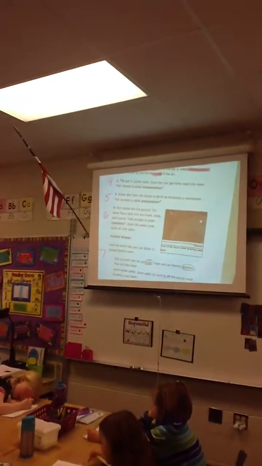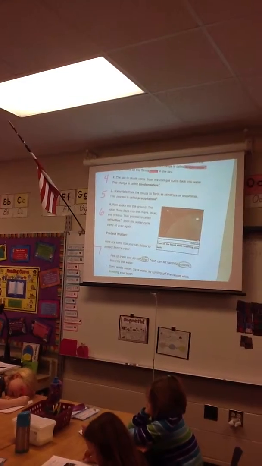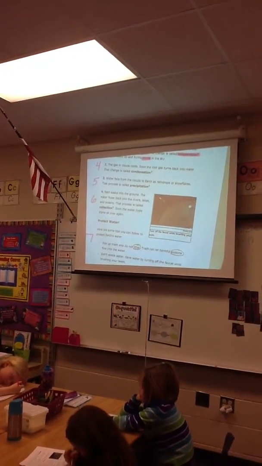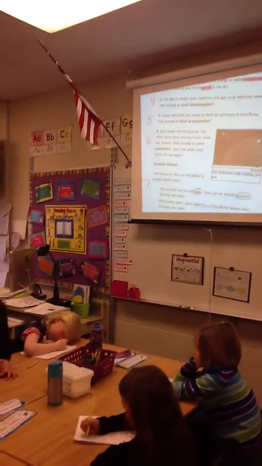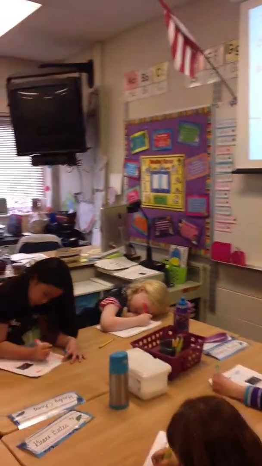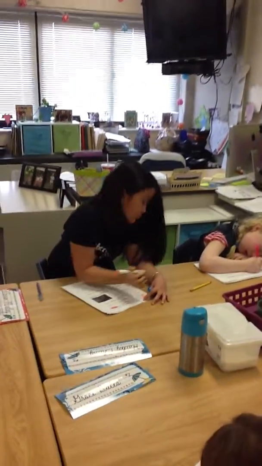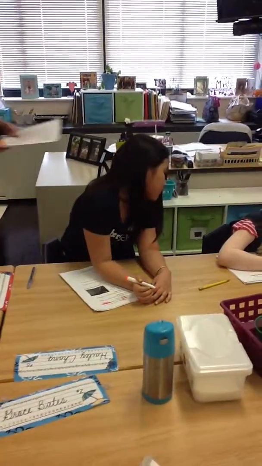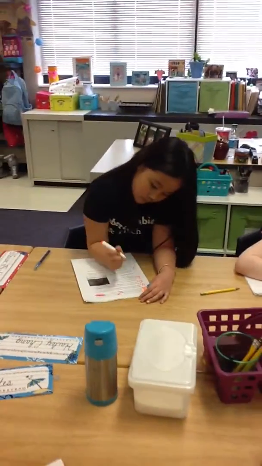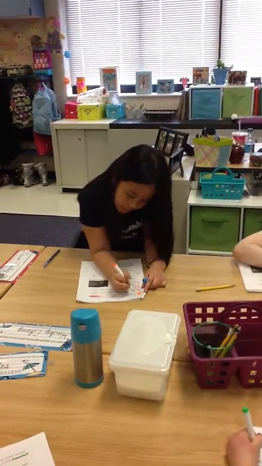Highlight what the author uses to show us the second step in the water cycle. And what do you think I'm going to have you highlight next? 2.